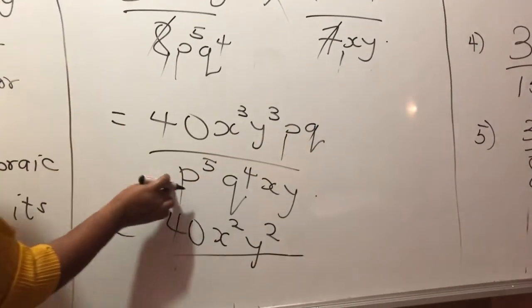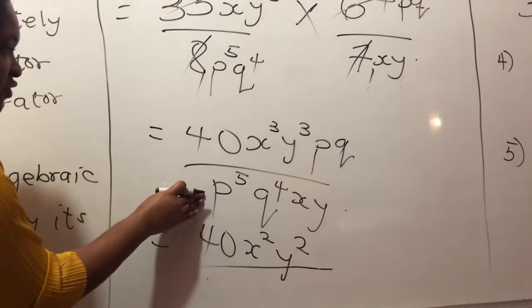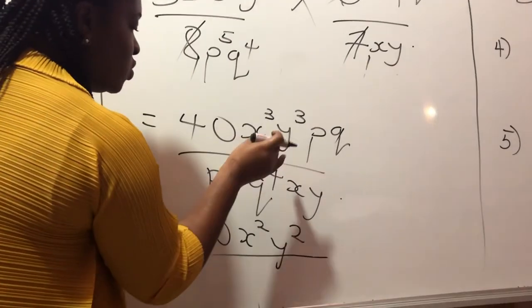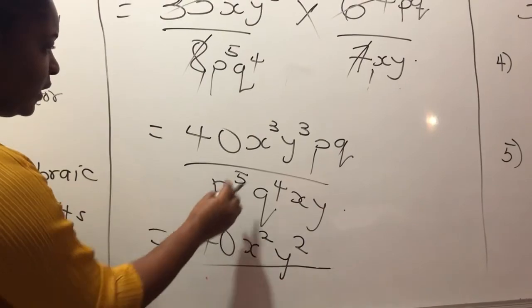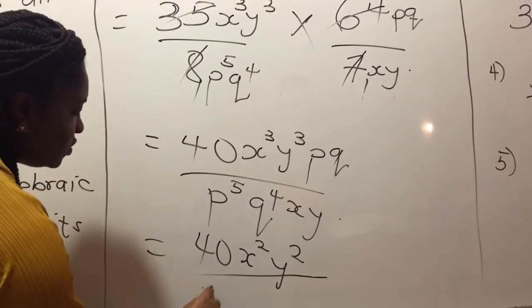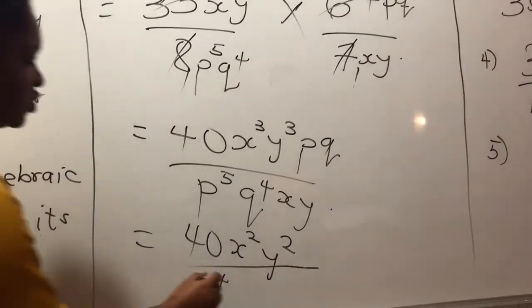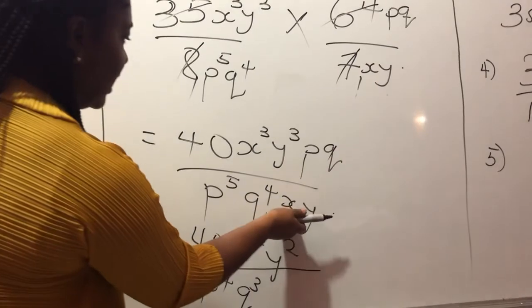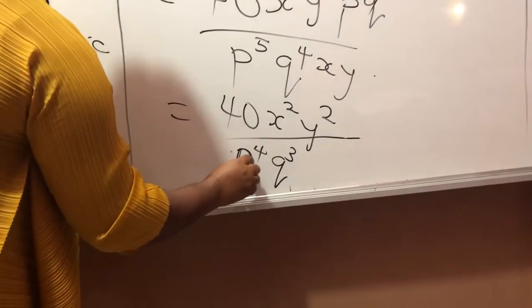Because this p was taken out from this p to the power 5, so the p is cancelled, leaving us with p to the power 4 here, and this q is being taken out from this q to the power 4, leaving us with q cubed. So down here we have p to the power 4, and q to the power 3. We've dealt with the x and we've dealt with the y. So this is our final answer.